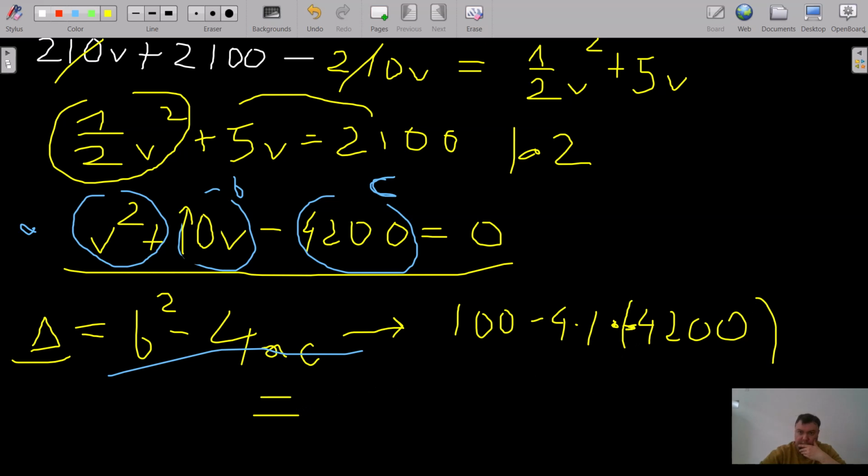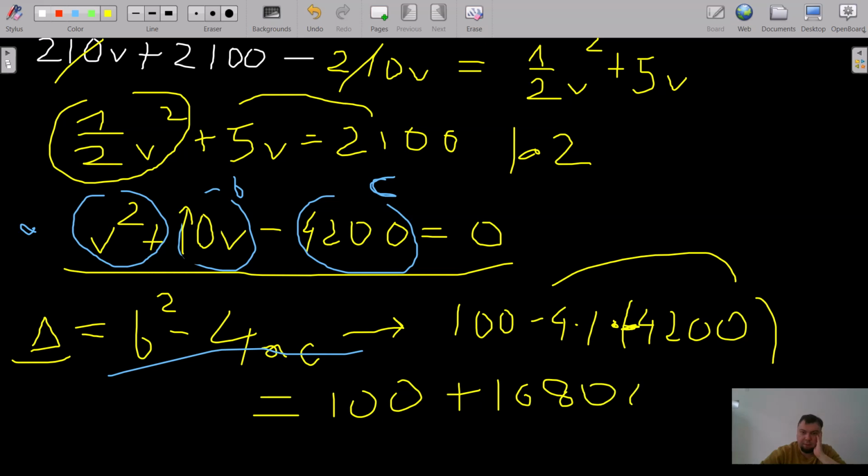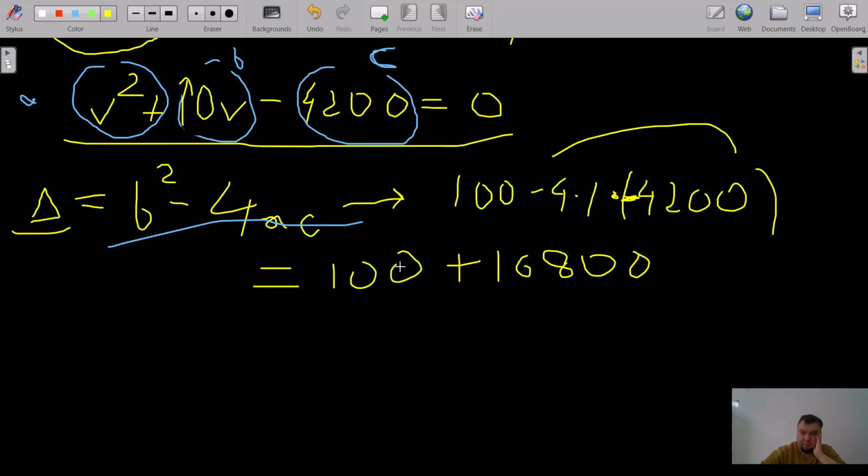Here we have negative, right? Therefore it will change to plus. So it will be 100 plus 4 times 4200, which is 16,800. So remember, it's not 100 minus 16,800, but 100 plus 16,800 because this is negative. C equals negative 4200, not positive 4200.